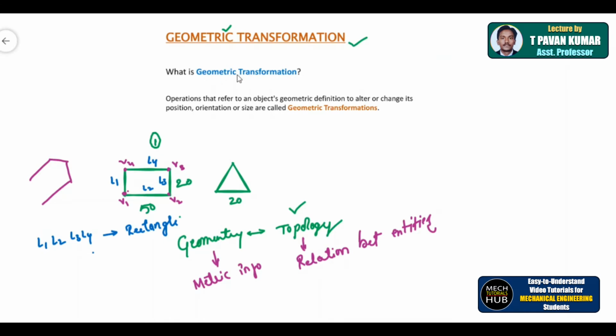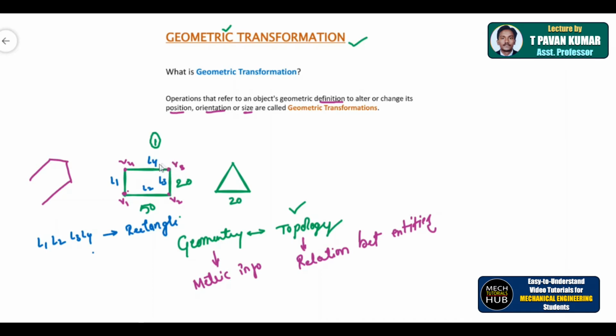And here, what is geometrical transformation? Operations that refer to an object's geometric definition to alter or change its position, number 1, orientation, number 2, or size are called geometrical transformations. Let us consider this number 1 as a geometry.